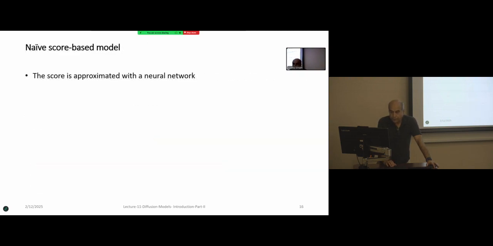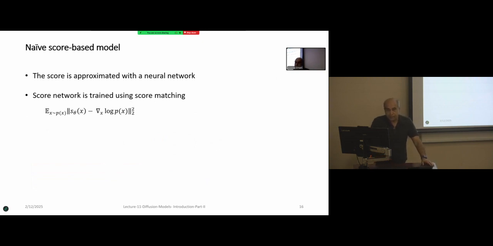Okay? So now, again, we need an objective function to train this S theta, which is our network. Since we know the definition of the score function, gradient of log p of x, we want to make the L2 distance between them as small as possible.